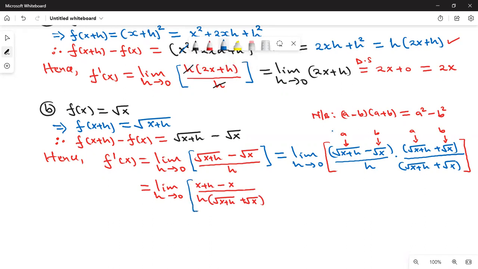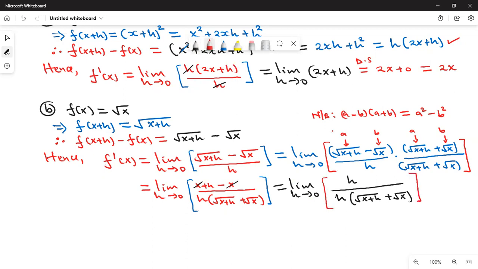And we can simplify this. You see, the x will cancel with this other x, so that this will now give us limit as h approaches 0. Now in the numerator we remain with h. In the denominator we still have h times the square root of x plus h, then plus root x. So that's what we have again. Are we able to simplify this further?